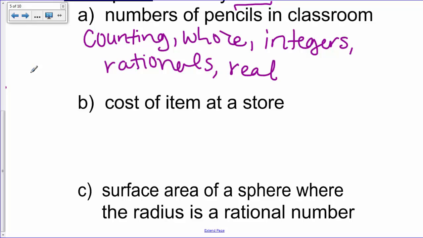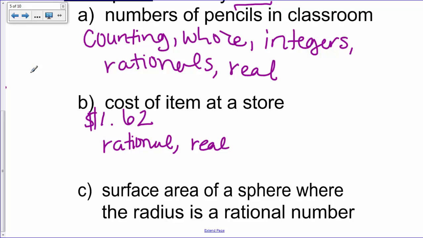We only pay things with 2 decimal places. That's because pennies are our smallest amount of money that we have, so we can only go to those 2 decimal places. So for example, if we said it was $1.62, if this was the price that we were paying, we would say that this number is a rational number and also a real number.